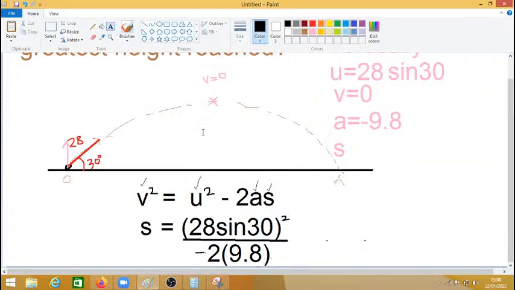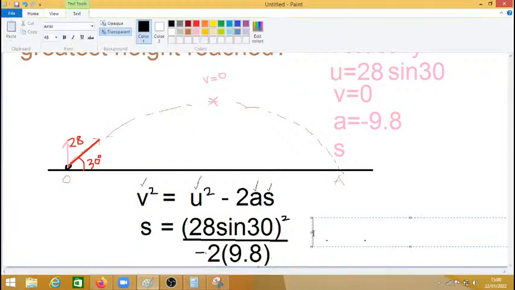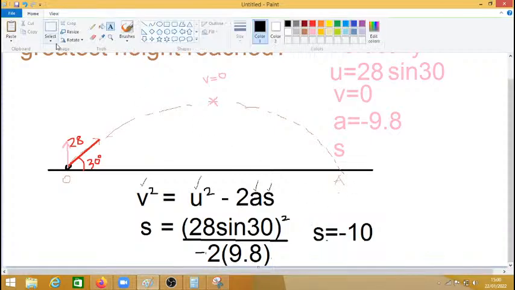So what does that minus 10 mean? It means the greatest height is minus 10. That doesn't really make any sense. So let's see what went wrong there. It's probably a minus sign that shouldn't be there.